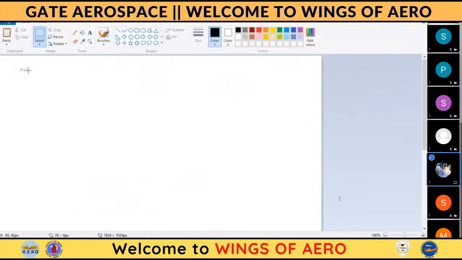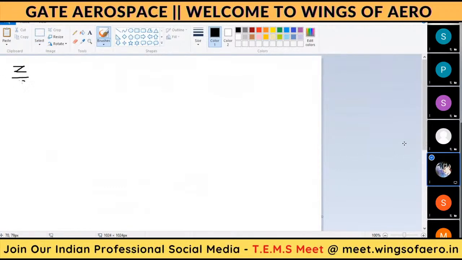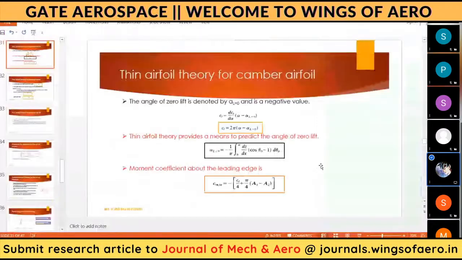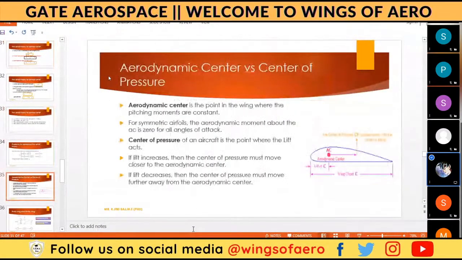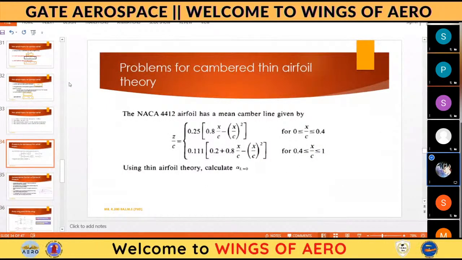So we have the equation, that is z by c equal to 0.25 into x by c.